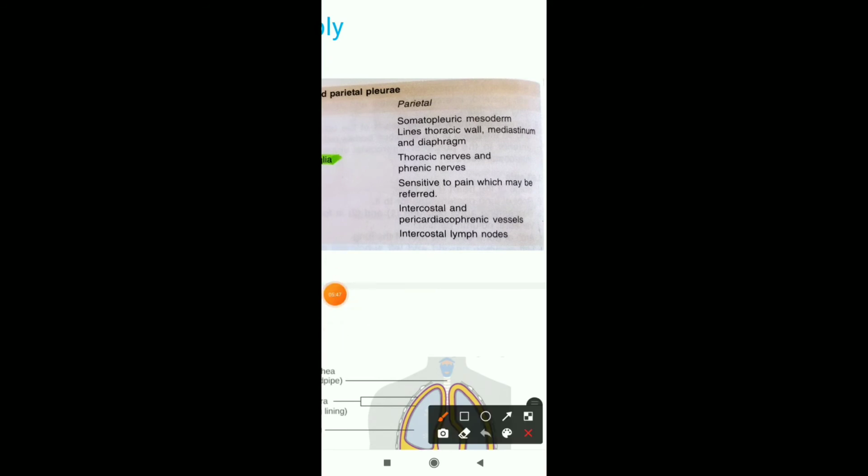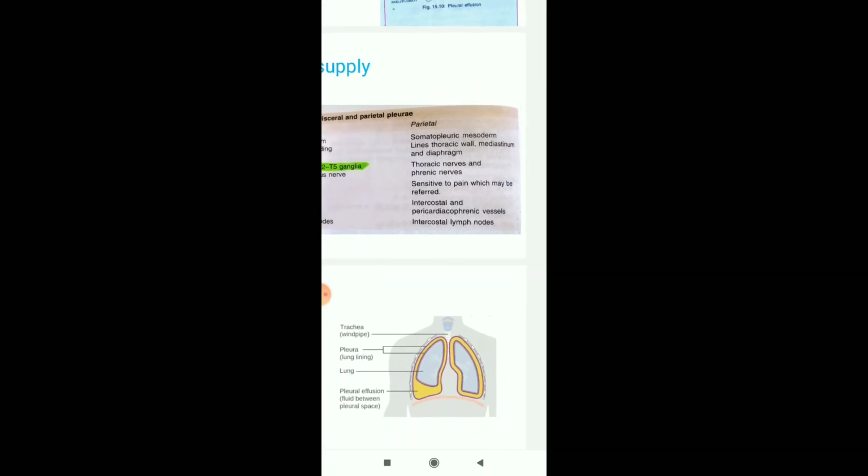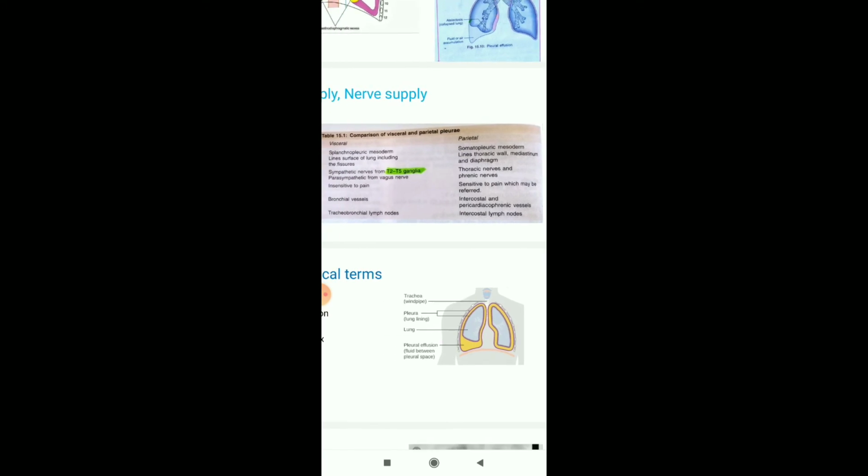You see that the parietal pleura is supplied by two nerves, the thoracic and the phrenic nerves. Now, which parts? First, remember that the costal part and the outer part of the diaphragmatic pleura are supplied by thoracic nerves. The mediastinal part and the central part of the diaphragmatic pleura are supplied by phrenic nerves, and this is associated with the pain of the pleura.